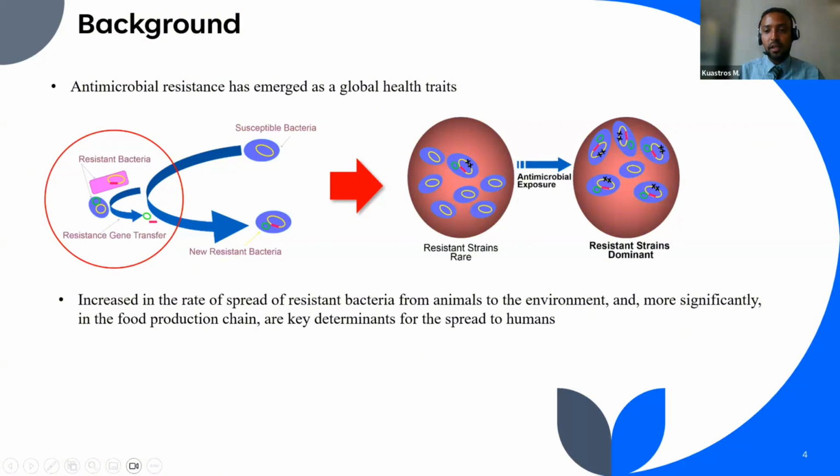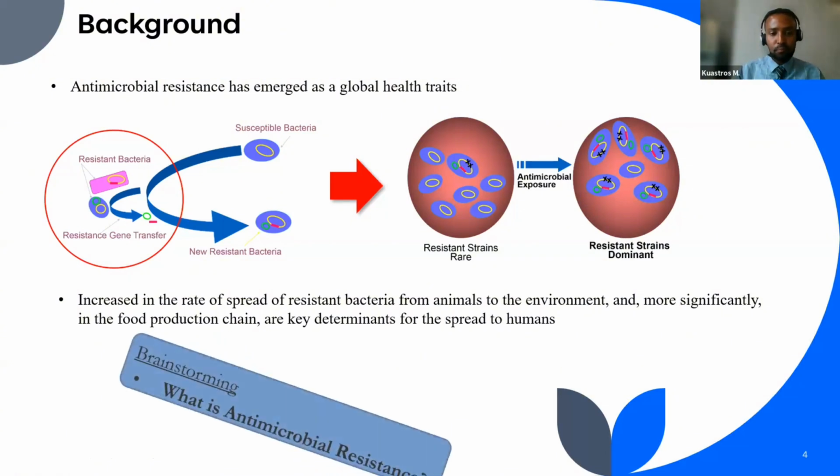This is really a significant challenge because, as you know, animals, humans, and the environment are very much interconnected, and through the food chain or food production chain, these resistant bacteria also pass to humans and pose a health threat.